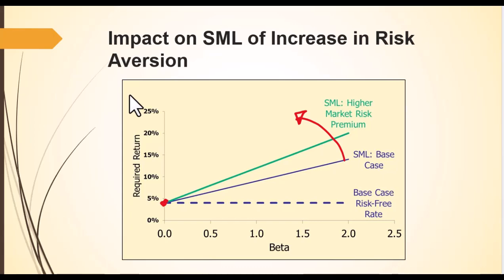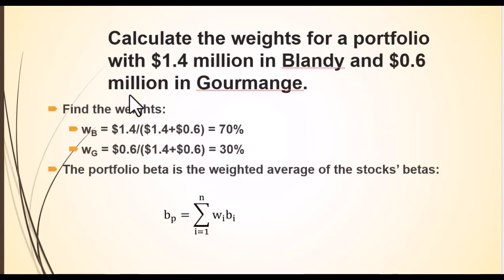The risk-free rate doesn't change, but individuals' perceptions of risk change. So that's going to change the line. And again, some of these investments up here that were high beta stocks might have been good investments. Now they're bad. Down here, there won't be much change because the line doesn't change beyond that basis point. So let's continue. We just have a few more slides to talk about with respect to beta.